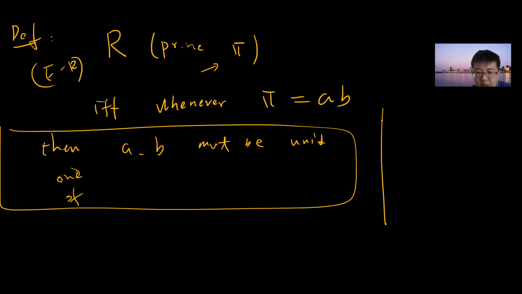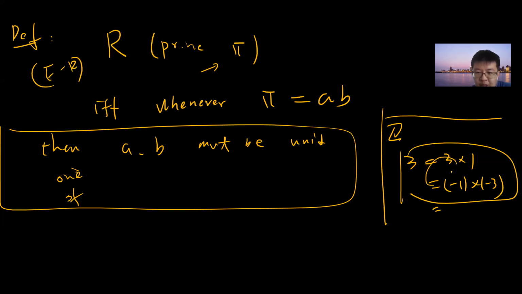Okay, so this is common, right? Say in the ring Z, you write 3 times 1 or minus 1 times minus 3. There are 2 ways to write it, but one of these factors must be a unit. So this is called a prime element.